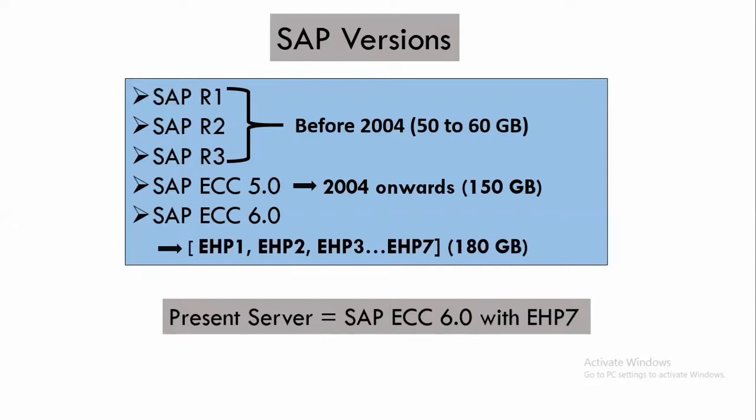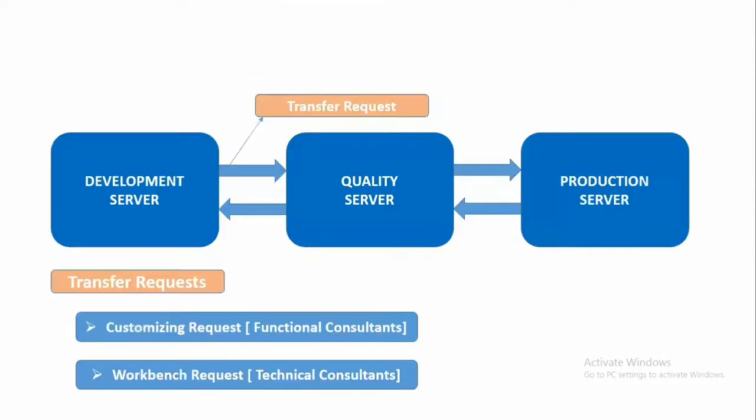Now we are being upgraded to S4 HANA. S4 HANA is prevailing in the industry, but according to recent discussions with the SAP labs, there is an update that ECC 6.0 will prevail up to 2030 because of its huge use in the market. This is the recent update.